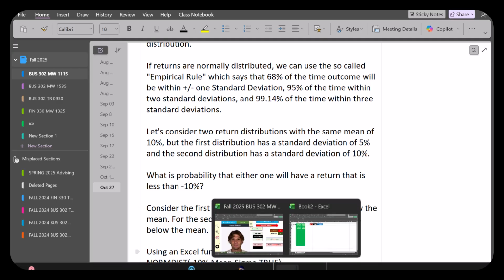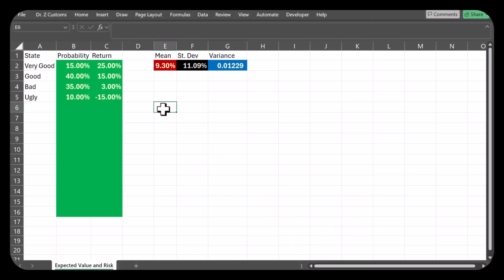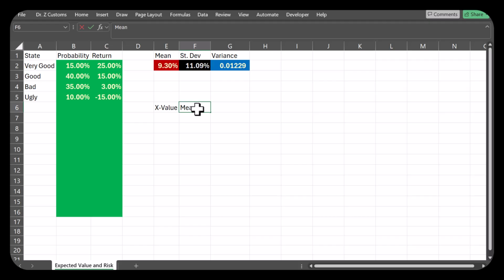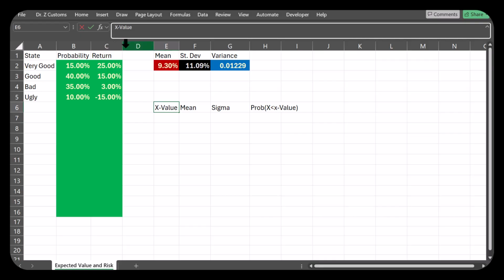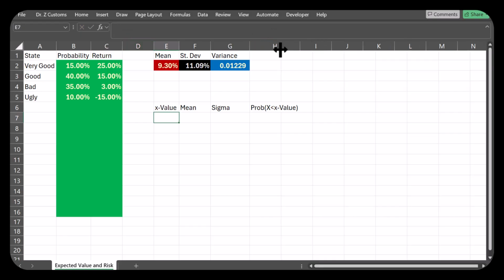Let's go ahead and do this here. So x value: probability that x is less than x value, small x, negative 10%, mean 10%, for the first one, sigma 5%.